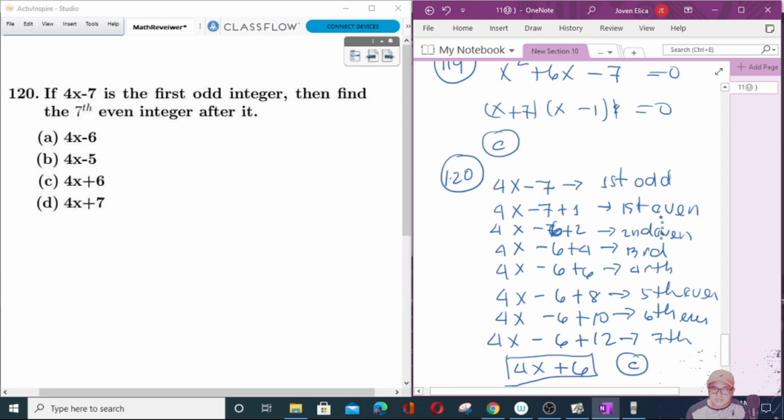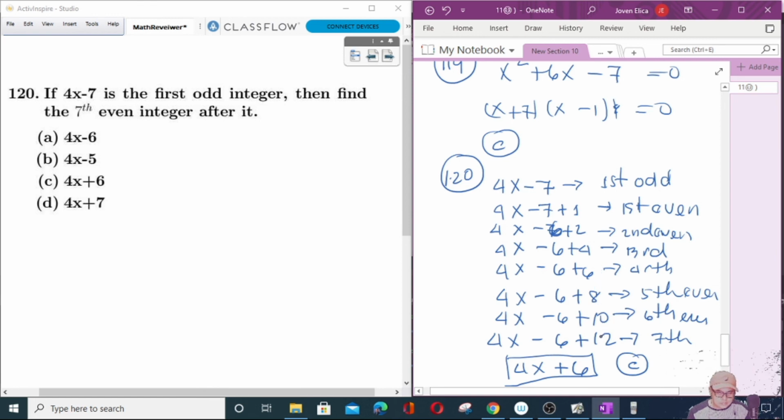So the first even number is this one. Second even number, because negative 6 plus 2 is negative 4, and then next is negative 6 plus 6. 2, 4, 6, 8, 10, 12.